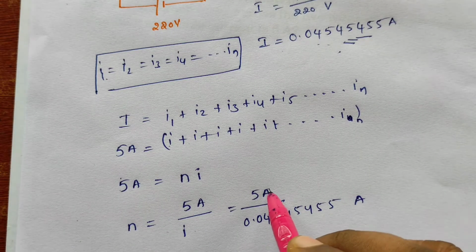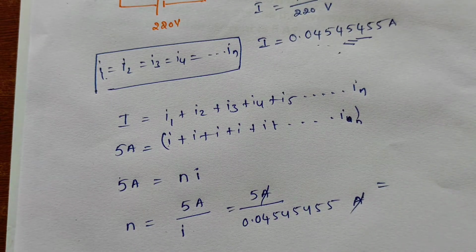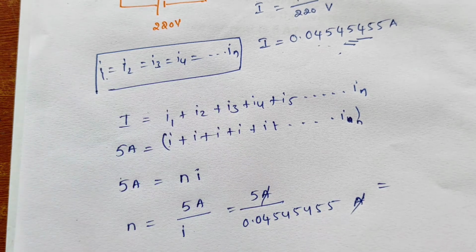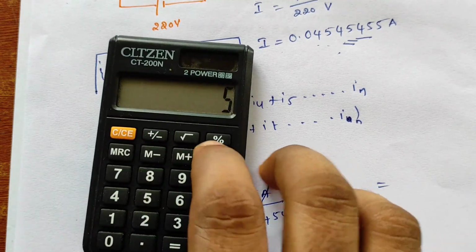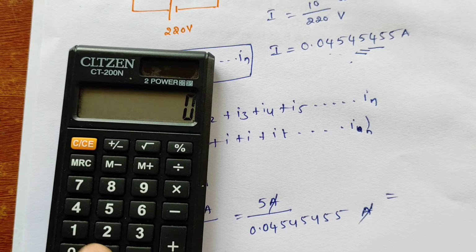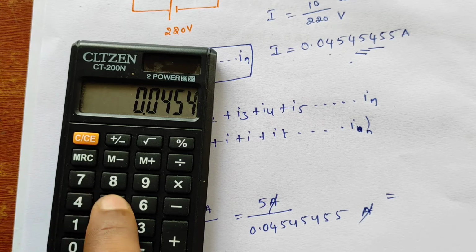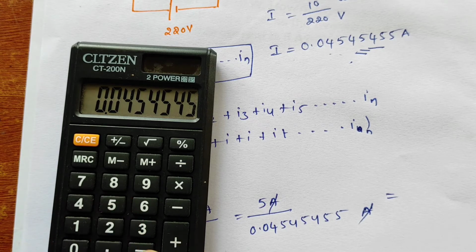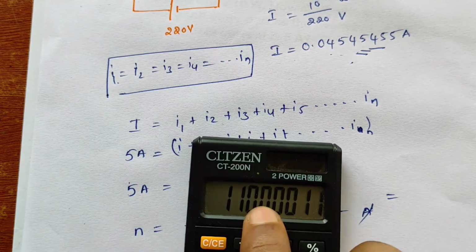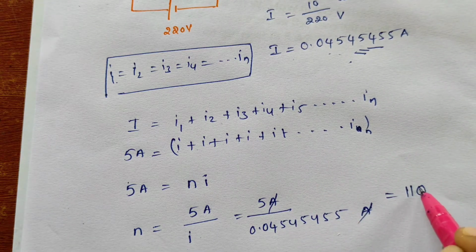The ampere cancels, and we need to do the division here. 5 divided by 0.04545454. If you see here, we will get the answer 110, right? So that is equal to 110.